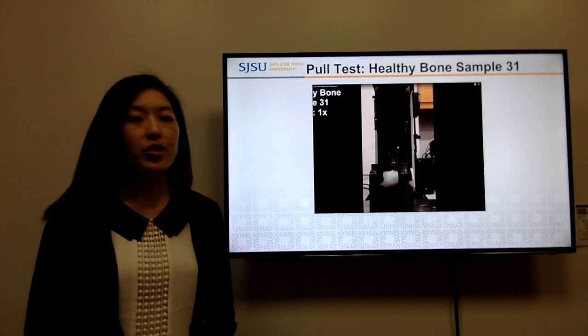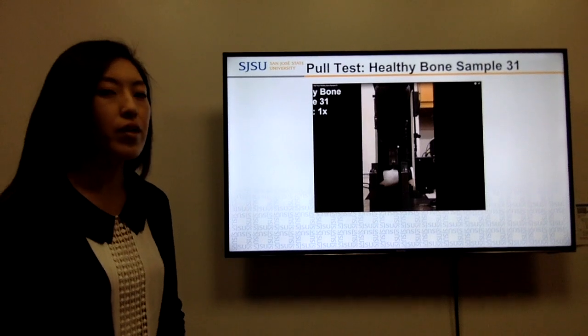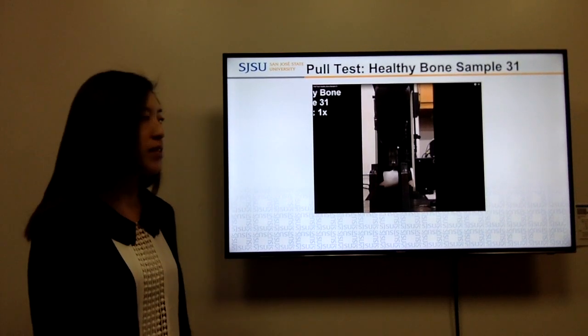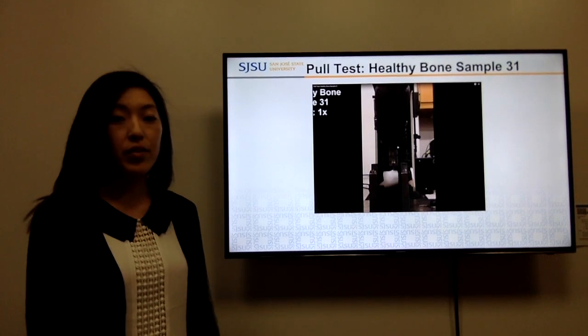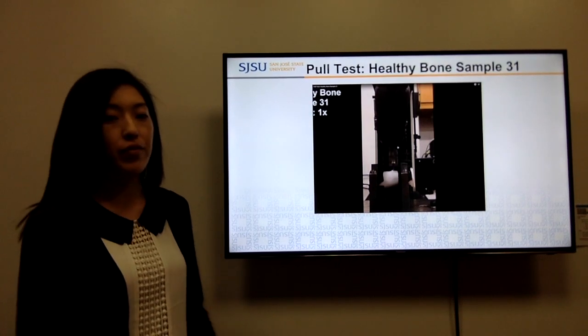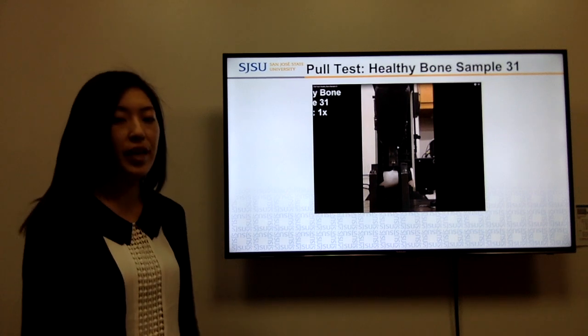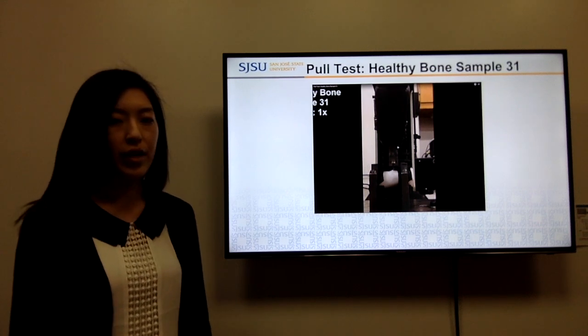In this video, we're going to show our healthy bone during the pull test. At first, it's going to go at a speed of 32, then it's going to slow down to a normal speed near the fracture, and then we're going to replay that fracture section at a slower rate.